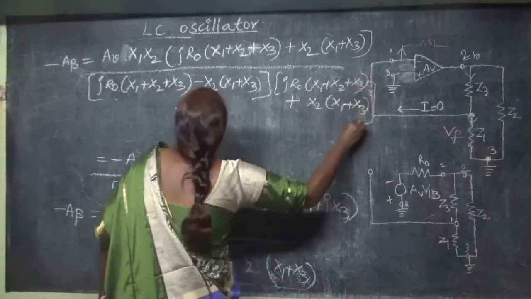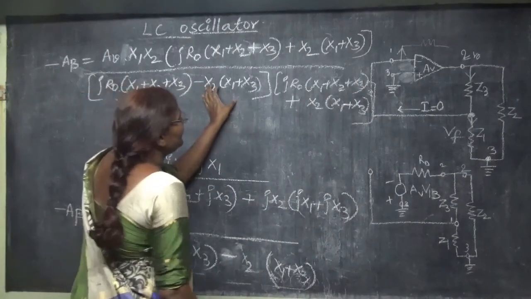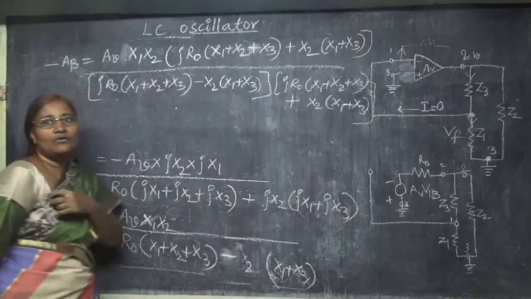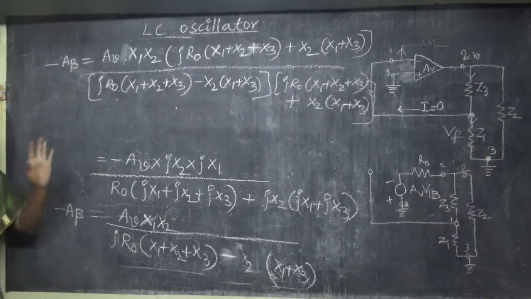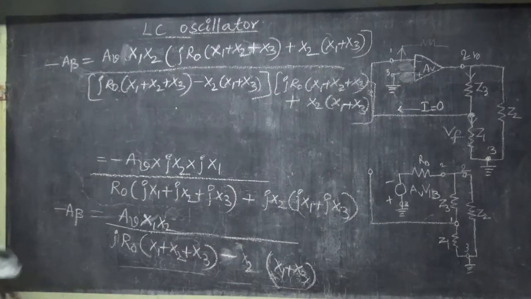So this is a minus b into a plus b. So what will be the formula? A square minus b square. That I am going to get.